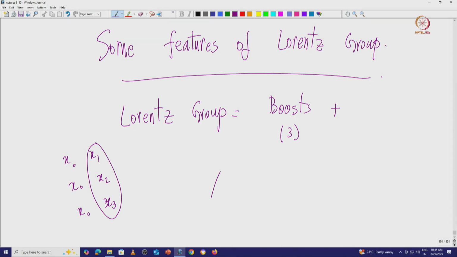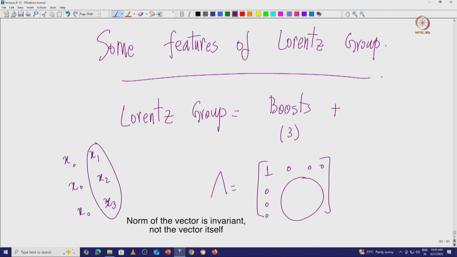You can have a Lorentz element with 1 and zeros, and here you can have an O3 group, a rotation group, which leaves the vector x1 x2 x3 invariant. That is the power of the group. You don't have anything in the time direction, but here you can have rotations.